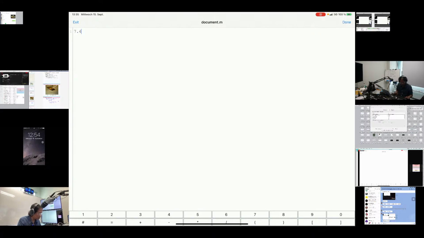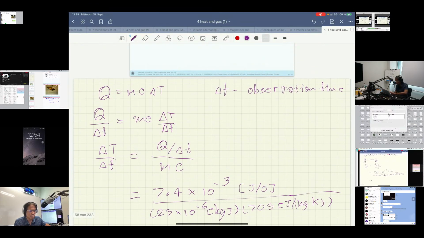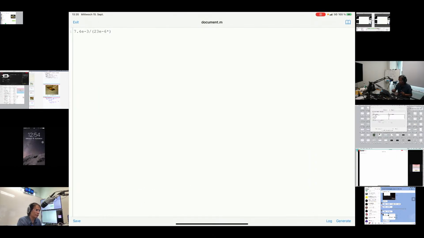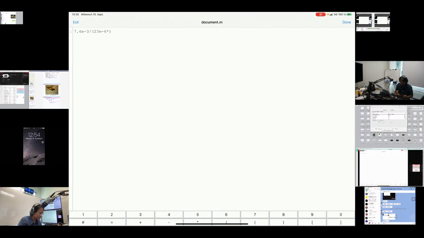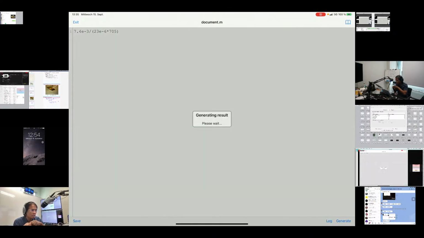7.4 e minus 3, right, divided by the mass, which is 23 e minus 6, and the specific heat, 705, like this, and we will get the result for the rate of change of the temperature.